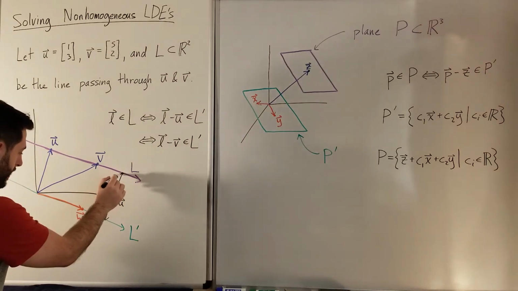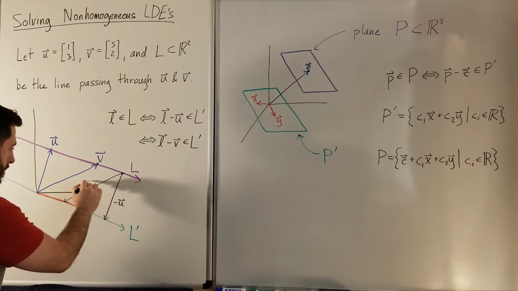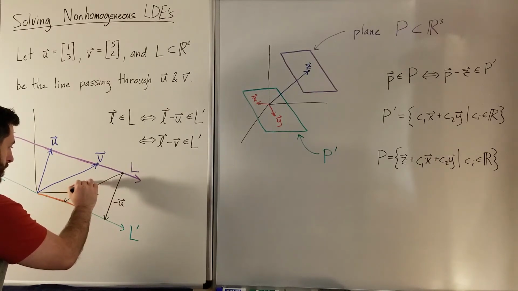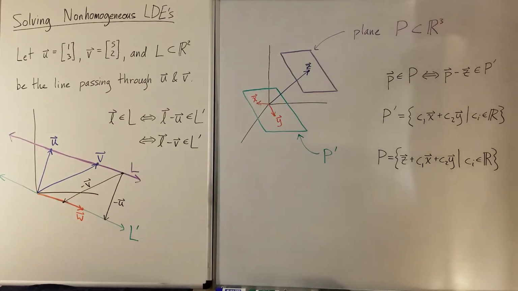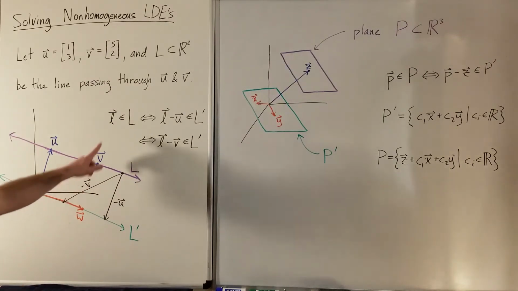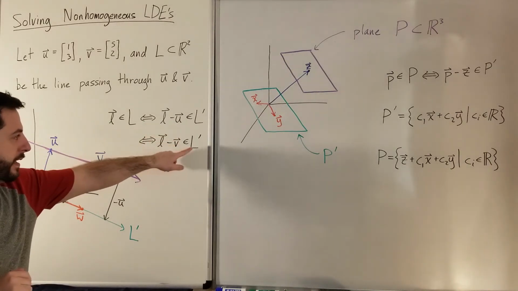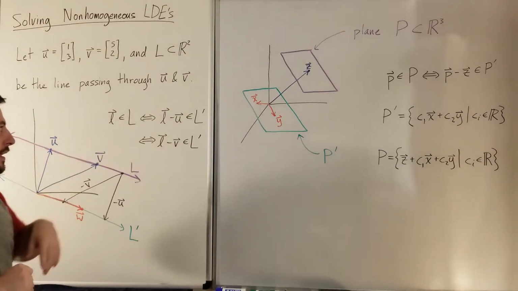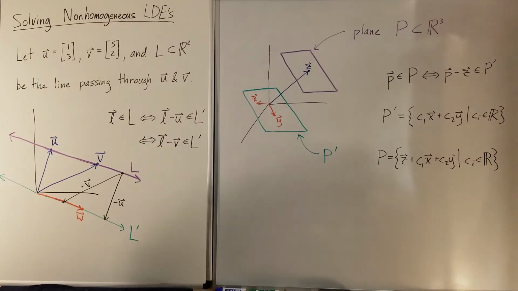So I can draw negative v and get back to the line L. Okay, so we can start at any point on the line L and subtract off either u or v to get to L prime, and similarly we can start at any point on the line L prime and add u or v to get to a point on the line L.